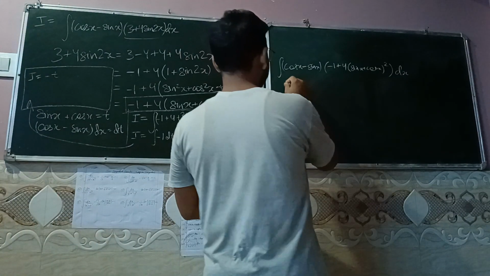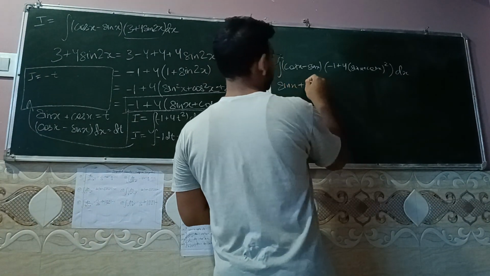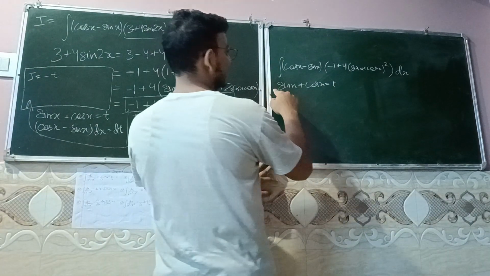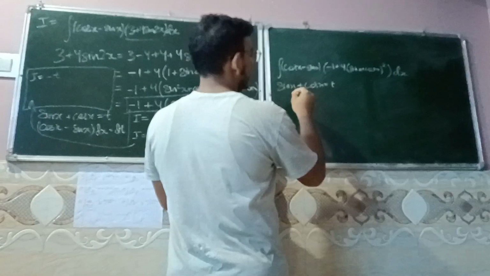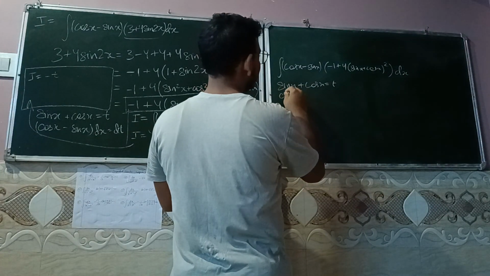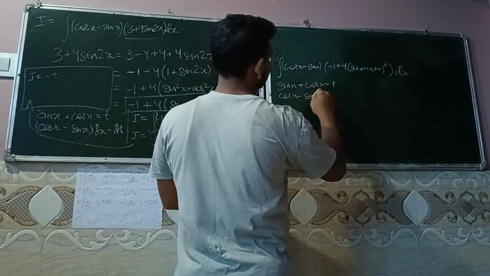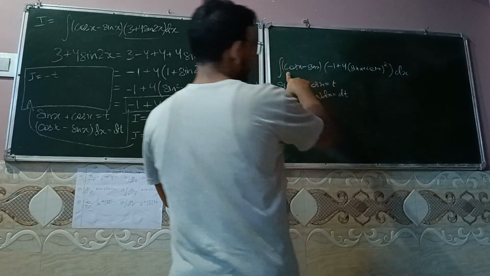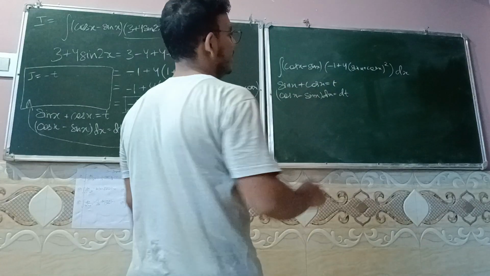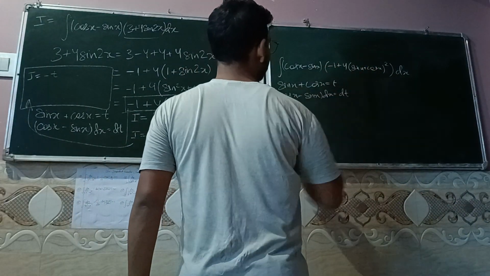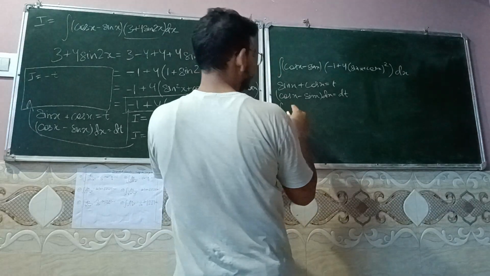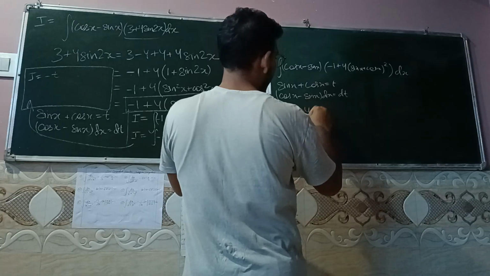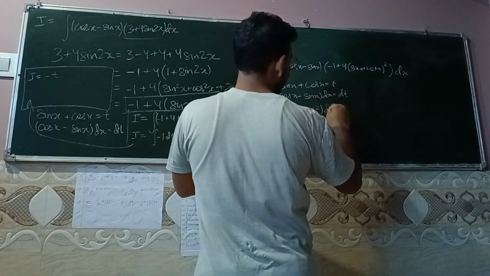So after this, assuming that sin x plus cosine of x is t, I hope you can see that. Sin x plus cosine of x is equal to t. Then after differentiating, cosine of x minus sine of x dx is dt. So this becomes dt, and we will end up with the integral of -1 plus 4t squared dt.